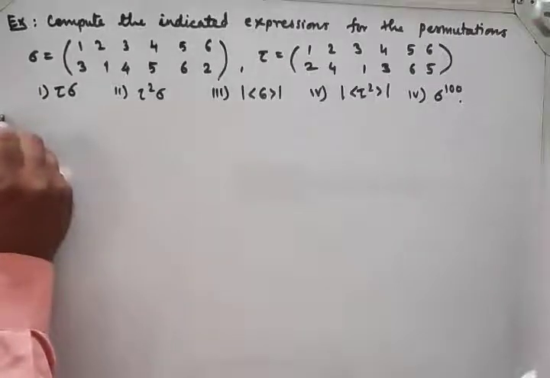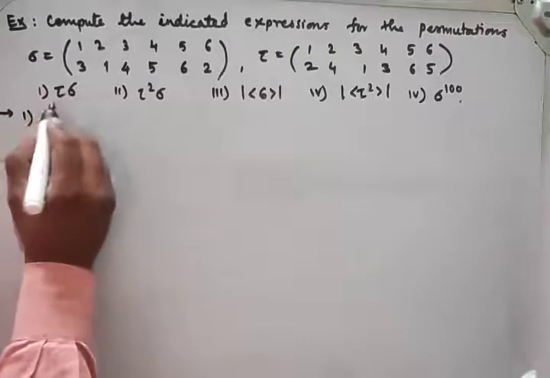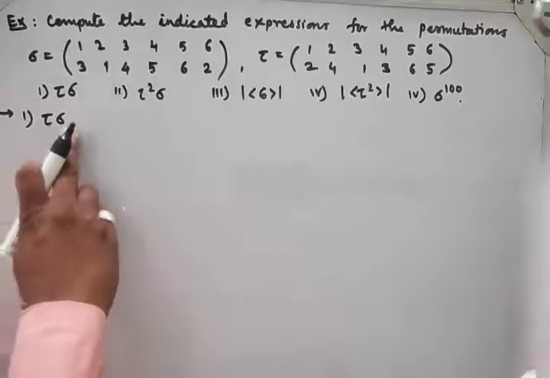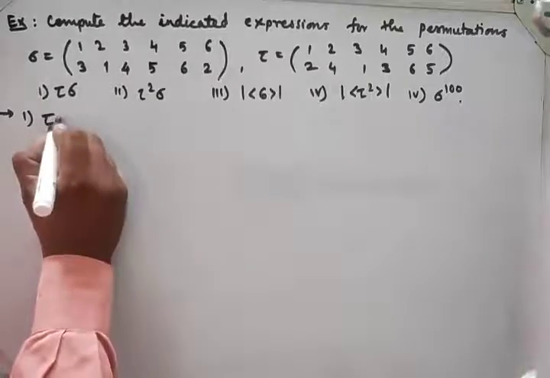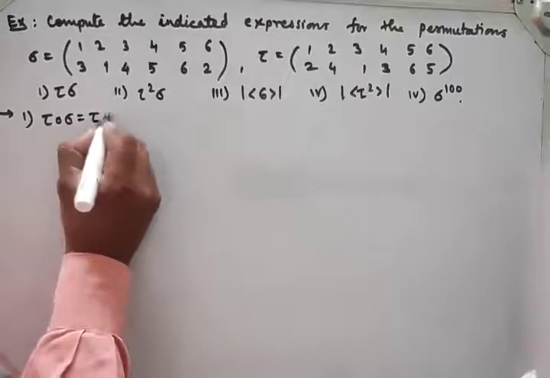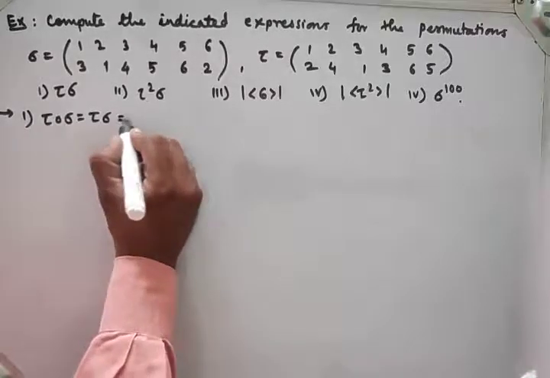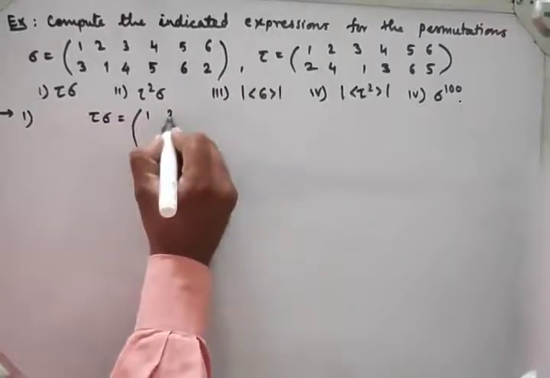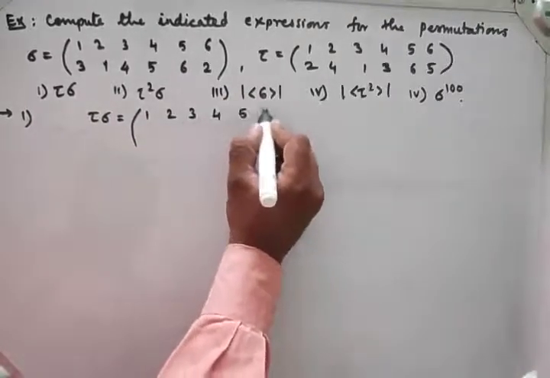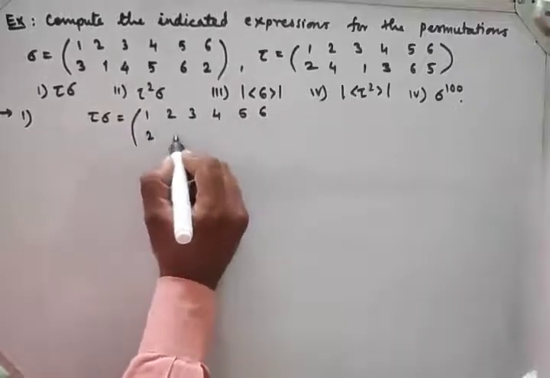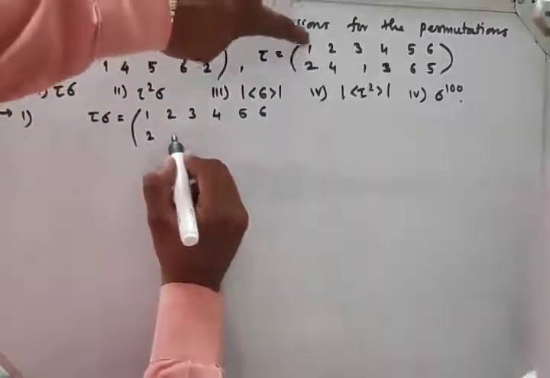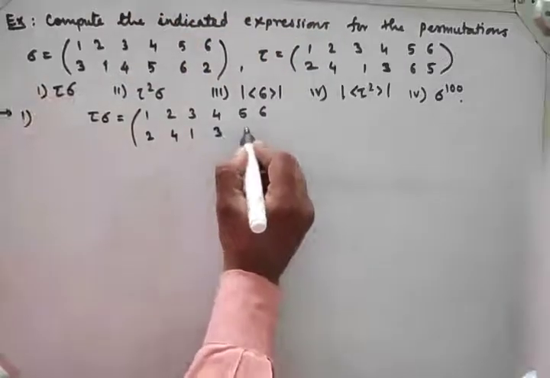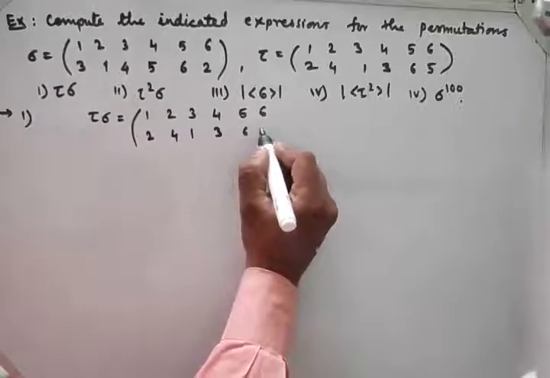First, tau into sigma. Tau into sigma is a composition of functions, which is nothing but tau sigma, the multiplication. Here tau of 1 is 2, tau of 2 is 4, tau of 3 is 1, tau of 4 is 3, tau of 5 is 6, tau of 6 is 5.